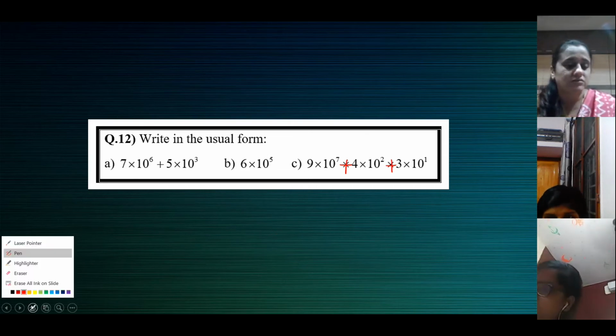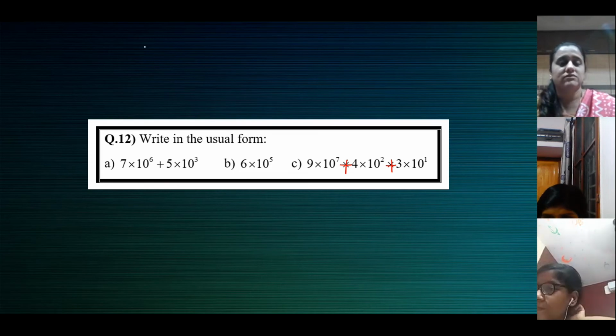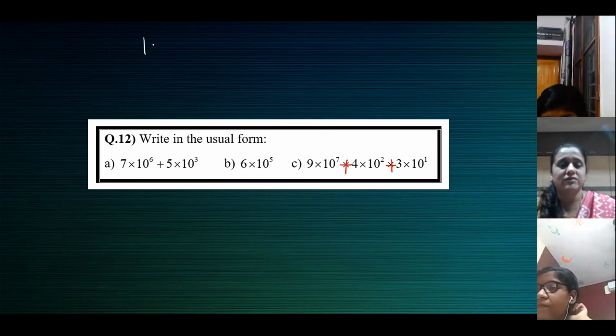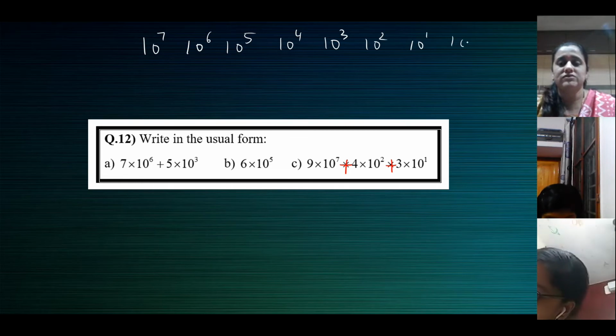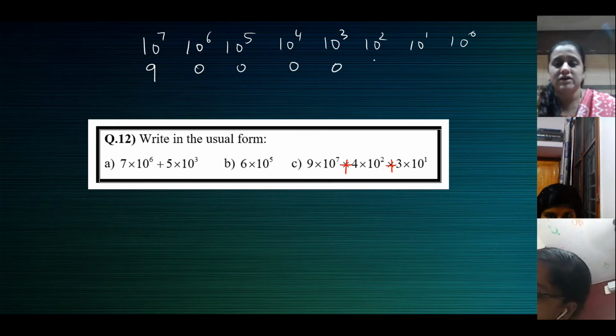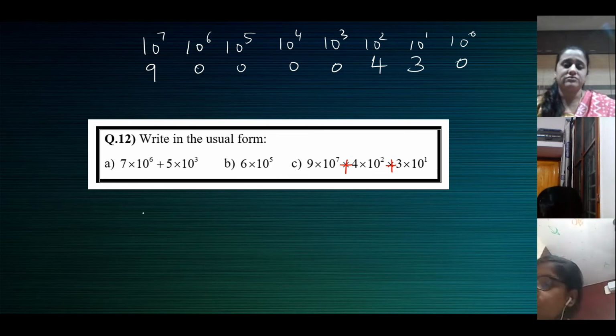All right, I've completed all the sums, ma'am. Very good. So it will be 10 to the power 7, 10 to the power 6, 10 to the power 5, 10 to the power 4, 10 to the power 3, 10 to the power 2, 10 to the power 1, 10 to the power 0. And under this, we have 9, we have nothing here, and we have 4 here, we have 3 here, and 0.